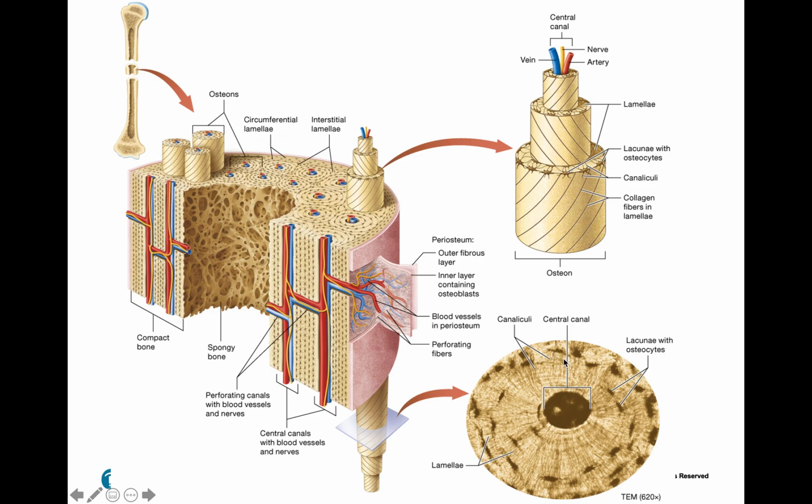Those little extensions coming off this way, those are all the canaliculi. Okay, remember canaliculi are those little channels that allow for communication between osteocytes as well as between osteocytes and the central canal. Okay.